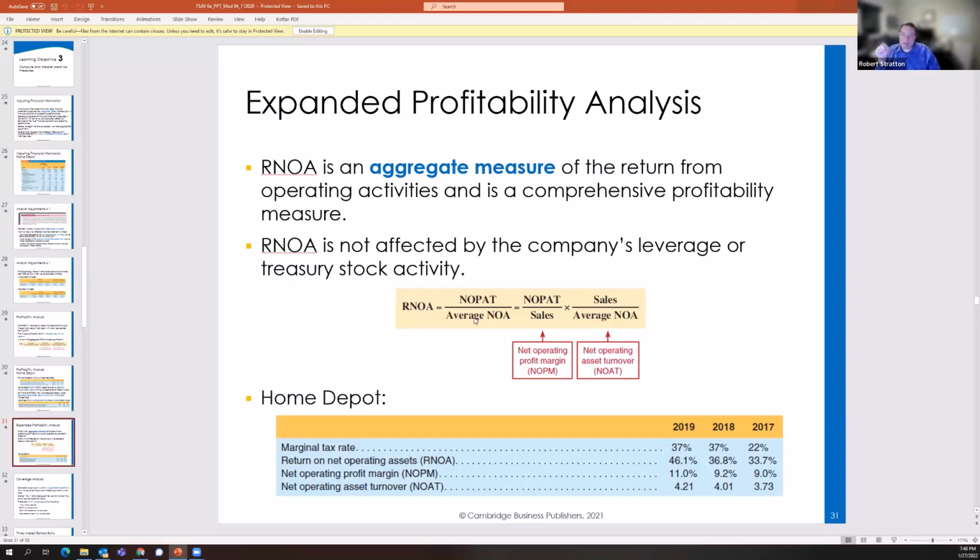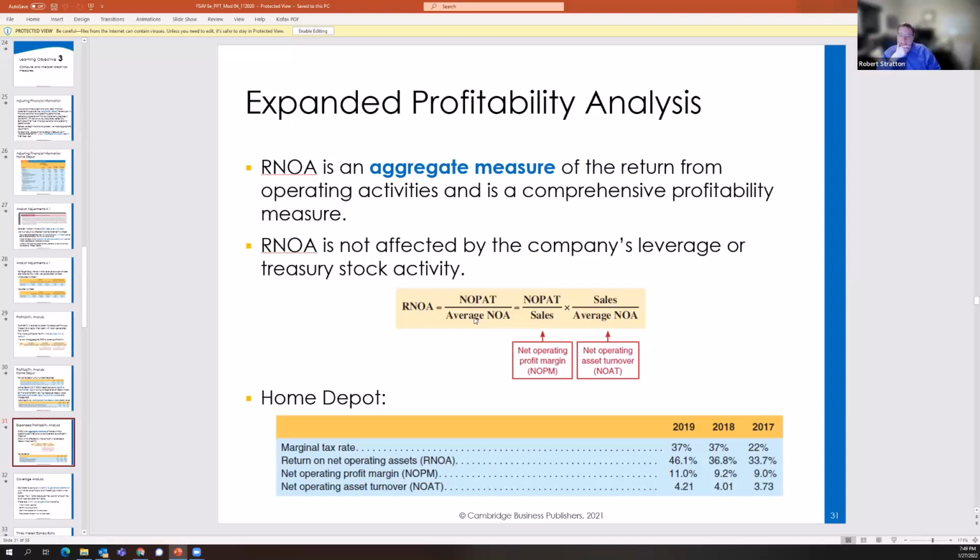But the weird thing is, in our tax code, if you're making interest payments on something, you can deduct that as an expense. So it doesn't affect your tax rate, but it affects your tax liability. So to get your net operating asset returns, you have to know your marginal tax rate and add that back in.